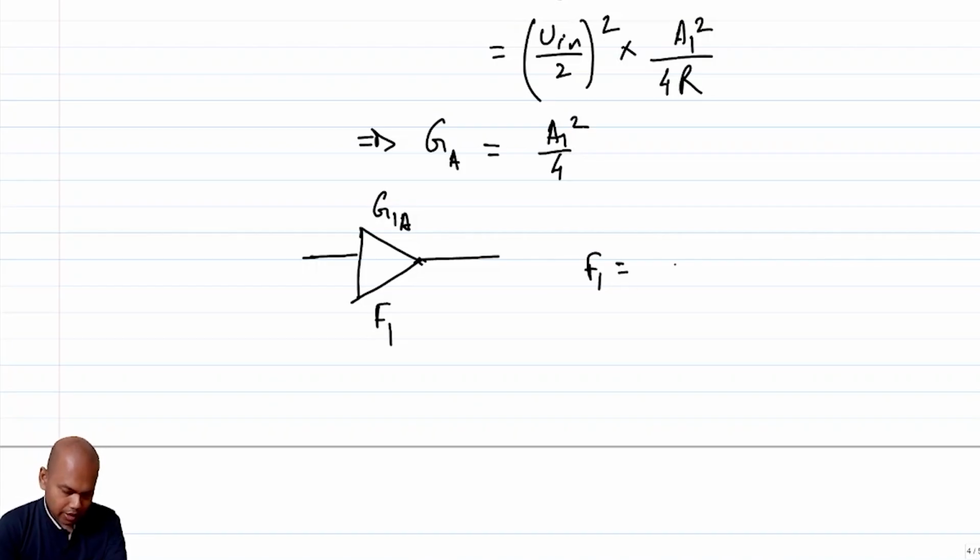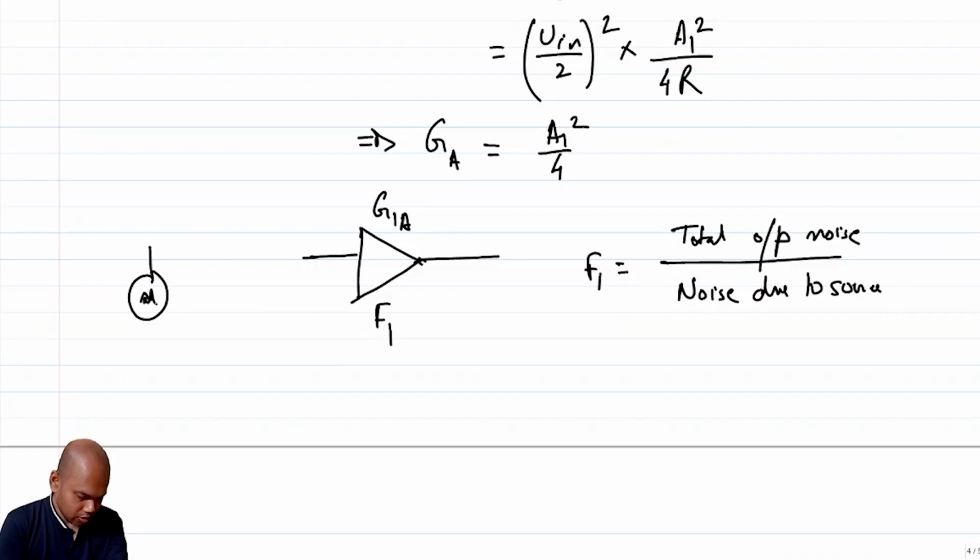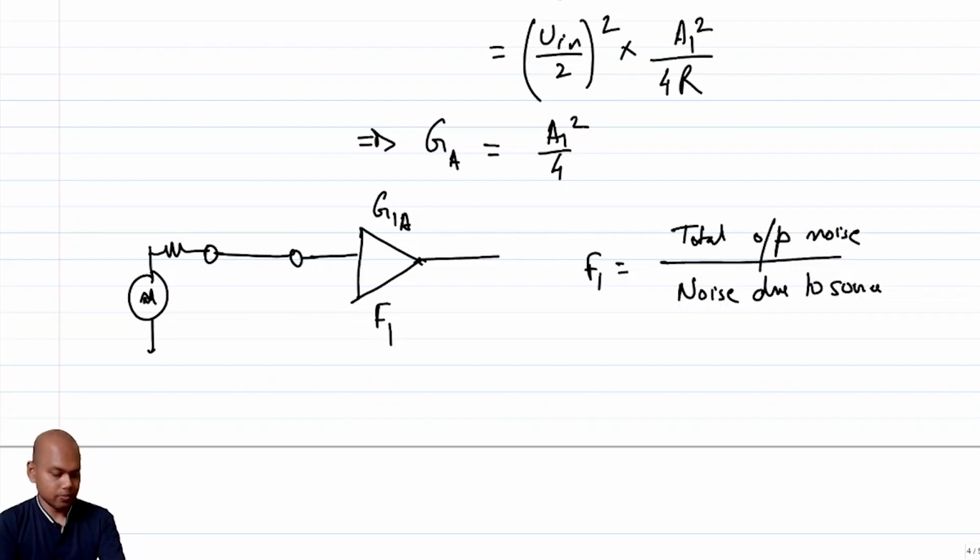It means the noise factor F1 is total output noise by noise due to source, which means there is a source which is creating noise and which is interfaced here, and F1 is with respect to that source resistance.